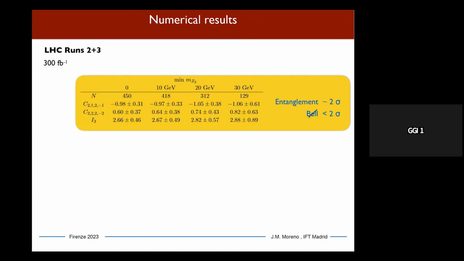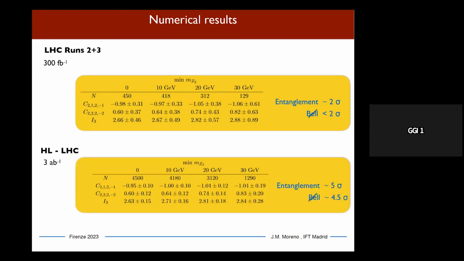And this is the value of the Bell inequality. So the result is that entanglement could be shown at the 2 sigma level, and the Bell inequality is less than that. For the prospects, of course, for the high luminosity data, since you have 10 times more data, 1 over square root of 10 is more or less 3.